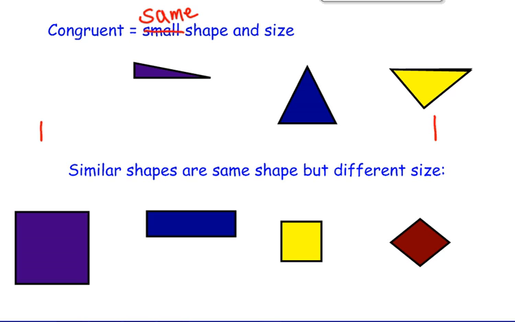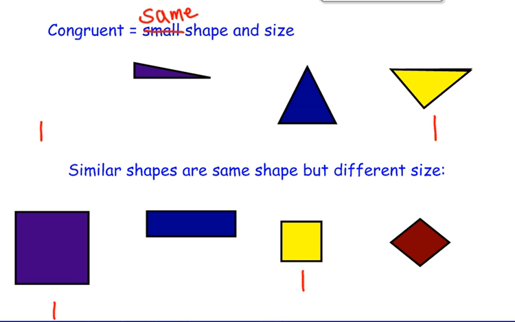Next example would be similar shapes. Similar shapes are the same shape but different sizes. And usually as we think about this, we want to think about the fact that they are also proportional shapes. All right, so that they look very much the same, but it's just a different size. You can take a look at these, and hopefully you're noticing that our shape here is similar to this shape here.